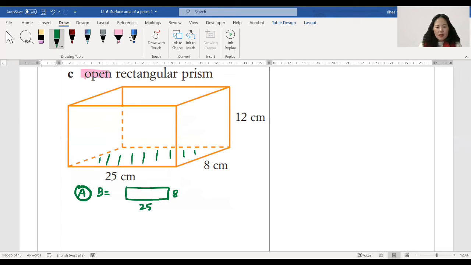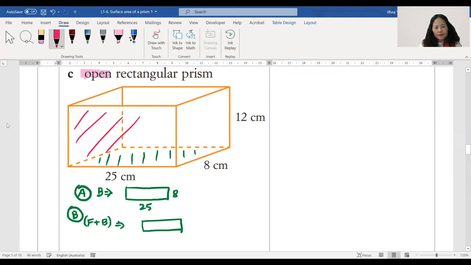The second one, I will say, is the front and the back. The front part is this part, isn't it? And that's 25 here. And what's this one? That's the same as 12. I'm not going to put units, but it's centimeters.